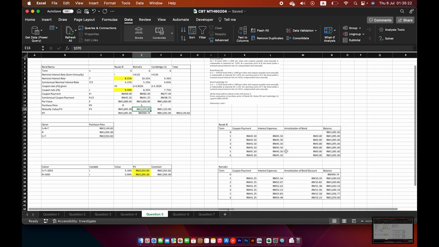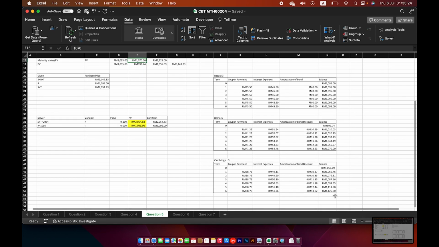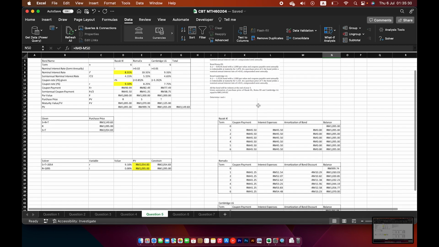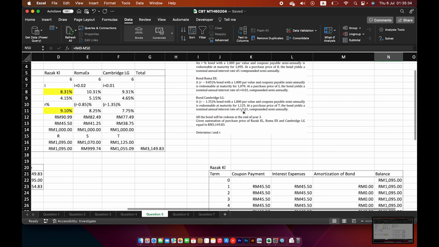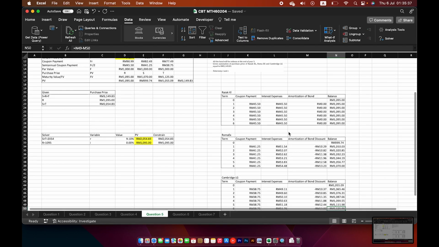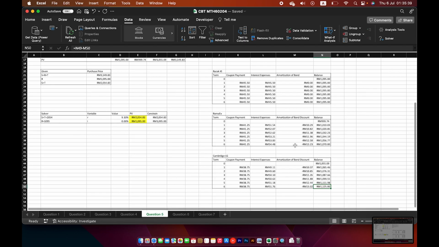And for Cambridge LG, we will get a future value, that means a maturity value, of 1125, also the same as the question given. So these three tables check our answer.